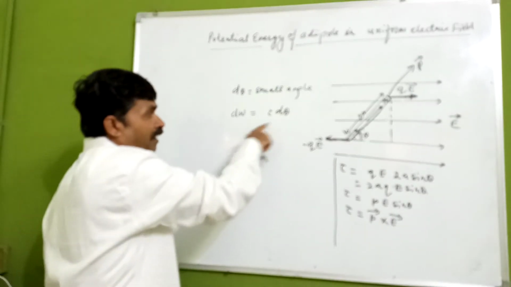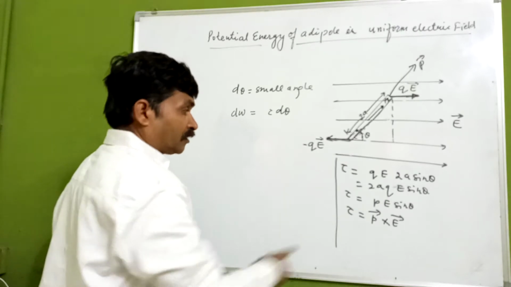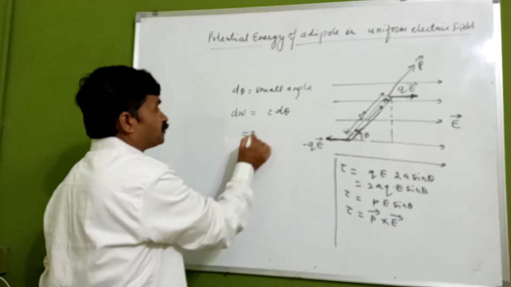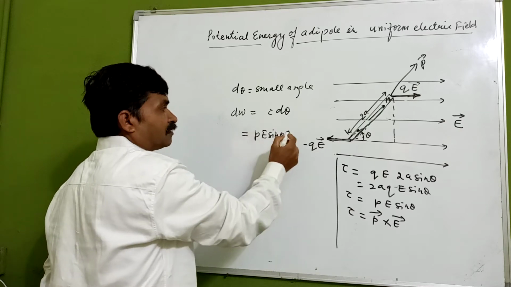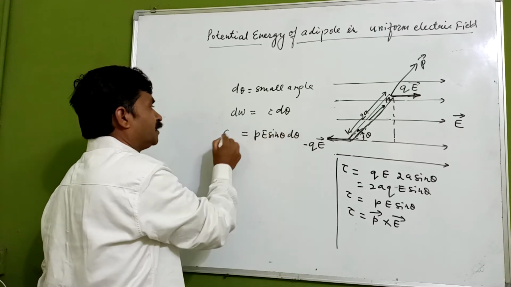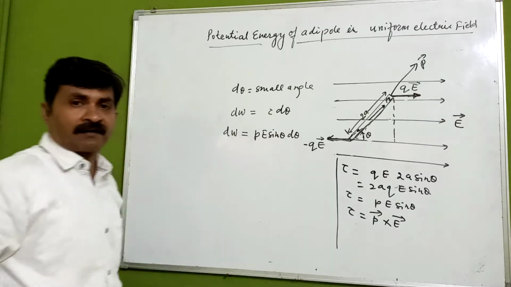Now we have the relationship tau equals pE sine theta, and we can substitute it here. This is the small work done, dW.